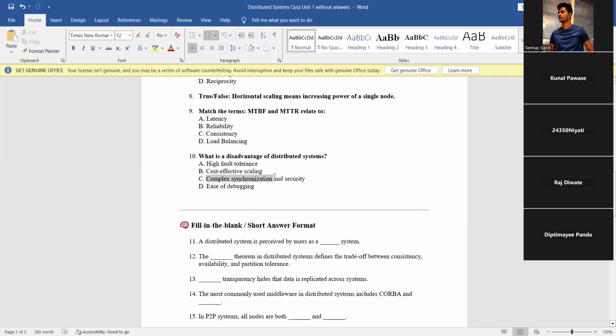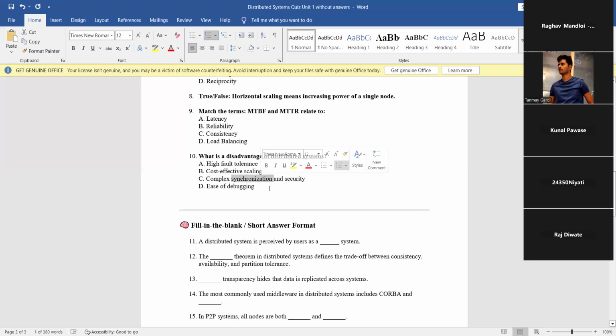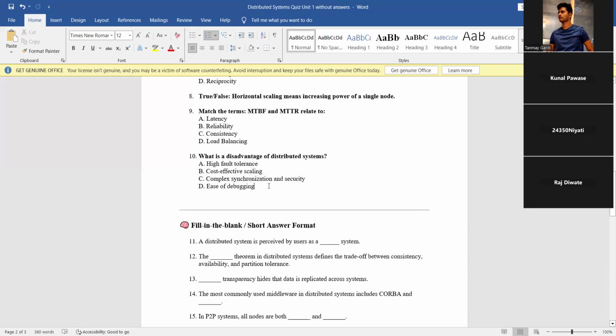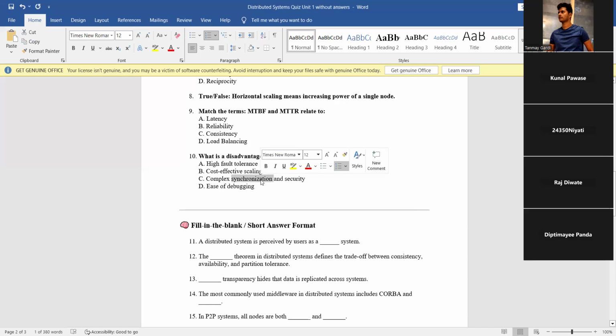It is complex synchronization and security. I think in the last two lectures, we have been discussing these two aspects, security and synchronization. For that context, I had told you about NTP, Network Time Protocol, and how you can synchronize the time. Similarly, we have to synchronize other factors as well.